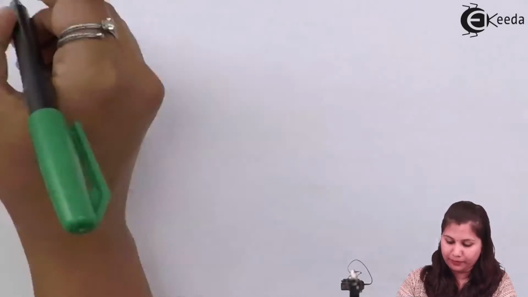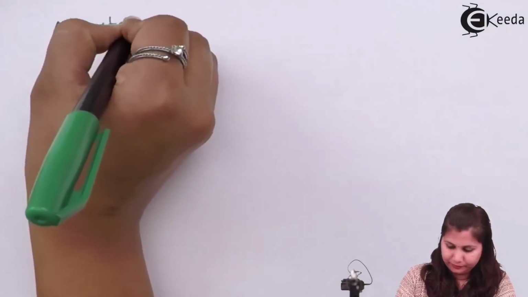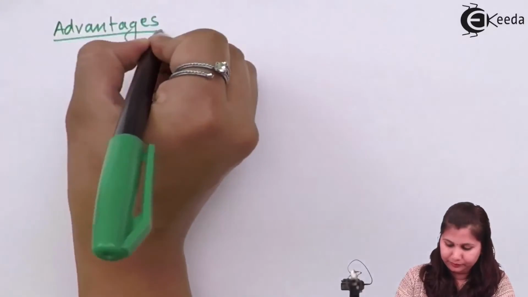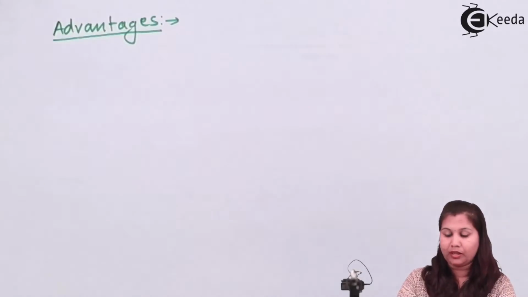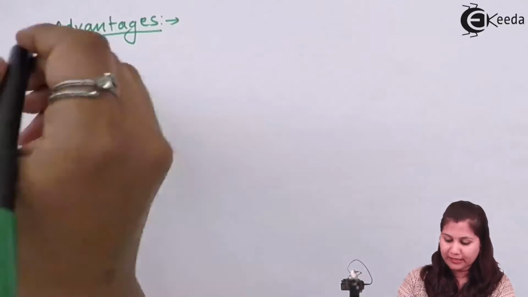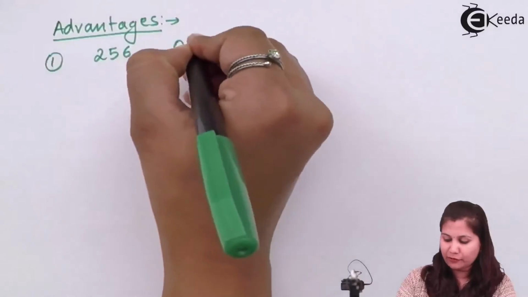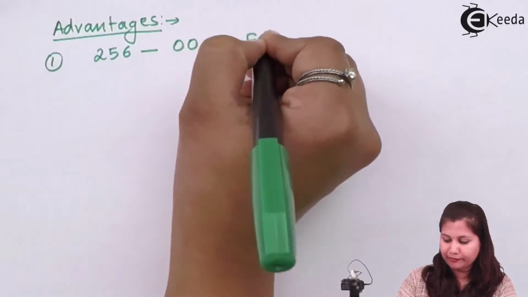Now, what are the advantages of this relative jump? Because the total range we are getting is 256 bytes, 256 bytes means we can address it from 00 to FF.